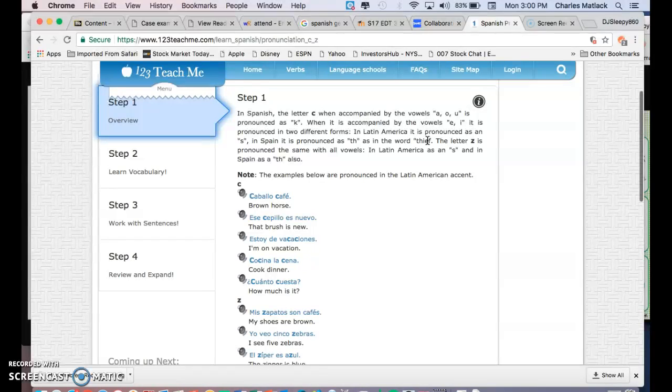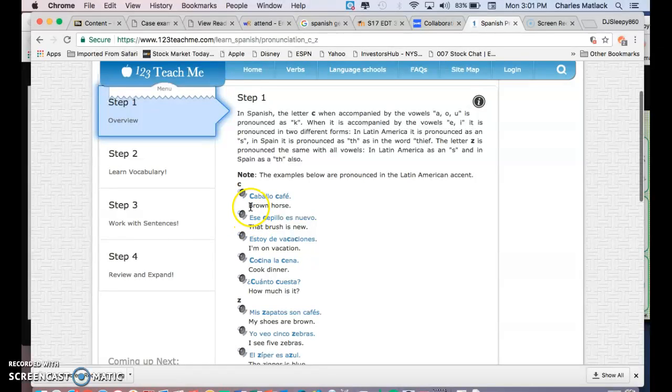Spanish speakers from Spain act with a certain lisp, they pronounce it with a small lisp. For example, cepillo, but normally you would want to pronounce that with an S sound. So if the C is followed by an E or an I, it's a soft C, like an S sound. If it's followed by an A, O, or U, it is a hard C, like a K sound.